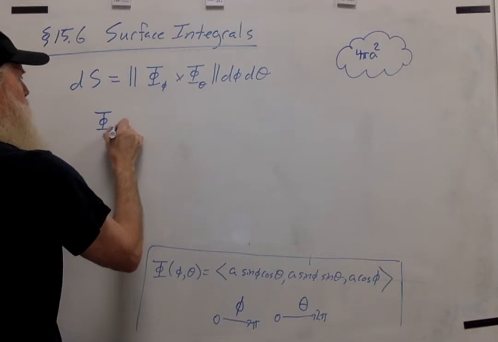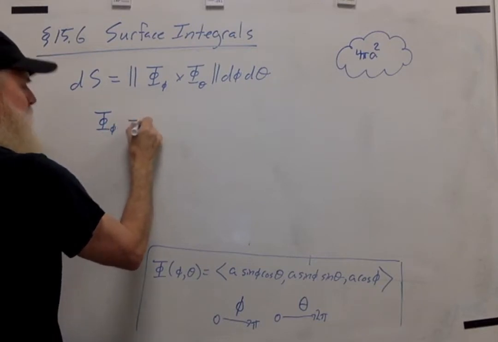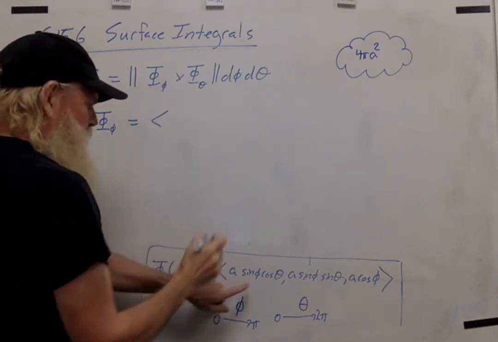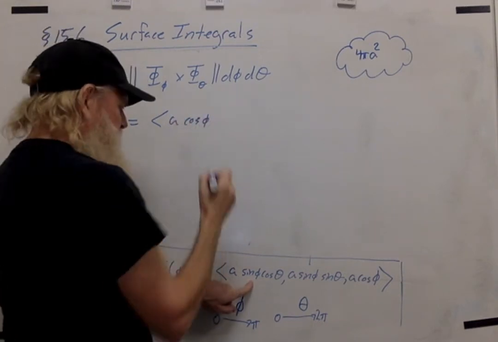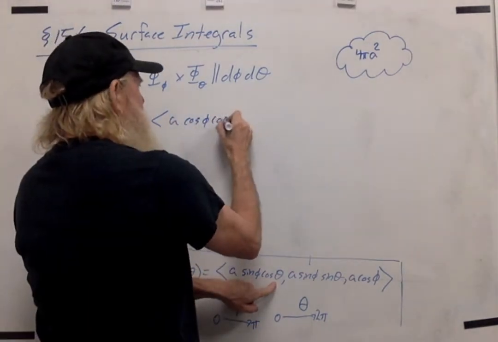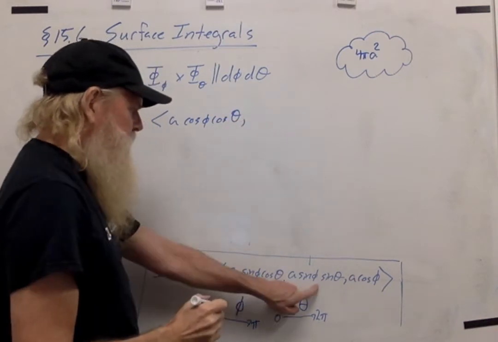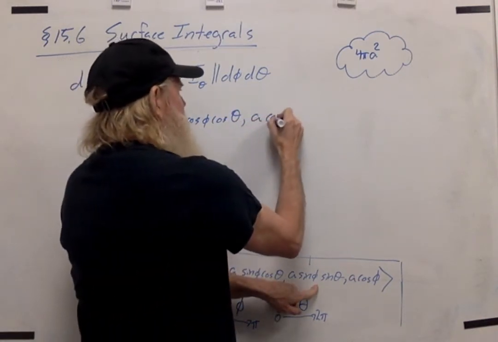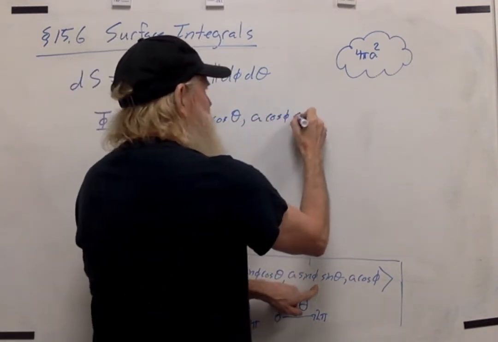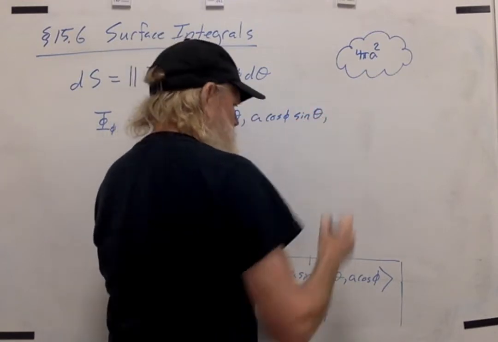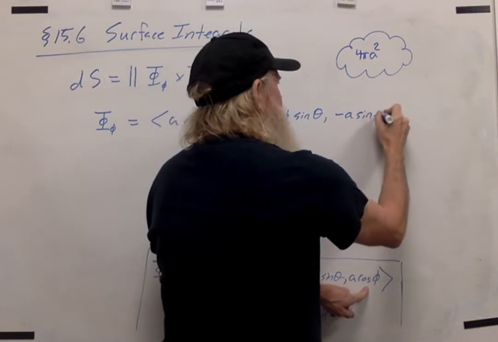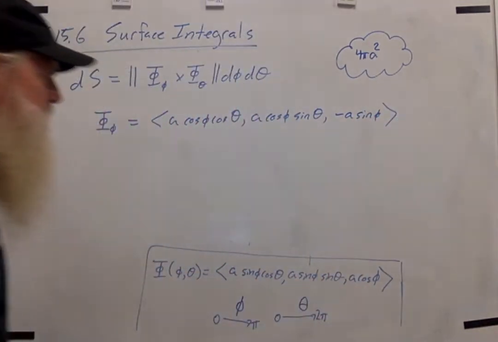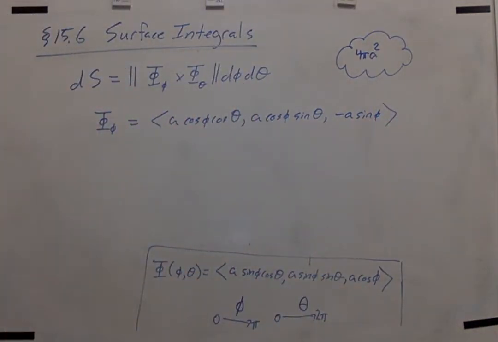The derivative of the parameterization with respect to phi is going to be a cosine phi cosine theta, comma, a cosine phi sine theta, comma, negative a sine phi. That's the derivative with respect to phi.